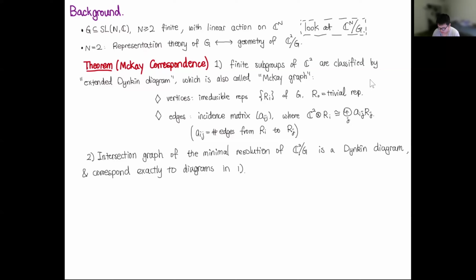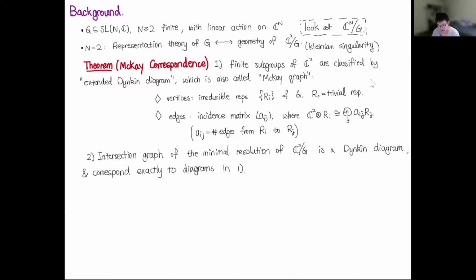If n is 2, it is well known that the geometry of C^2 quotient by G, which we also call the Kleinian singularity, if you know this name, corresponds to the representation theory of G, which is a theorem proved very early, in the 1980s.